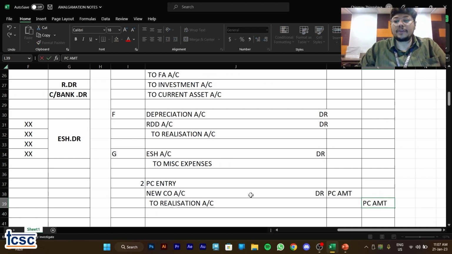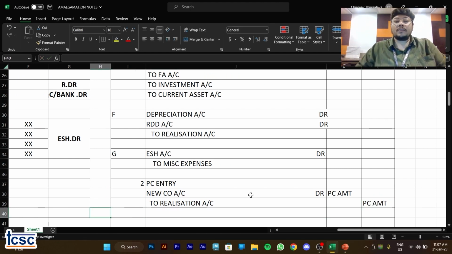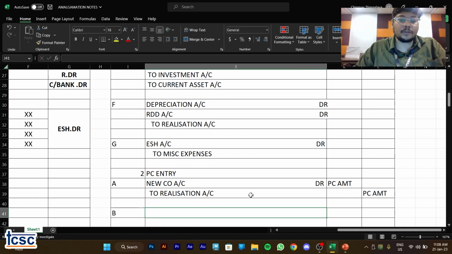Whatever calculation we have done with respect to step number 1 in PC, we are supposed to consider here. Now the PC can be discharged either in the form of equity shares, preference shares, or cash bank. So that we need to transfer to the respective account.